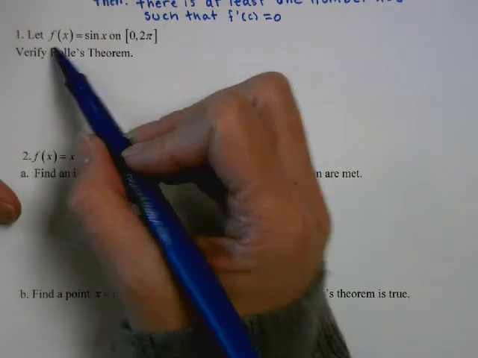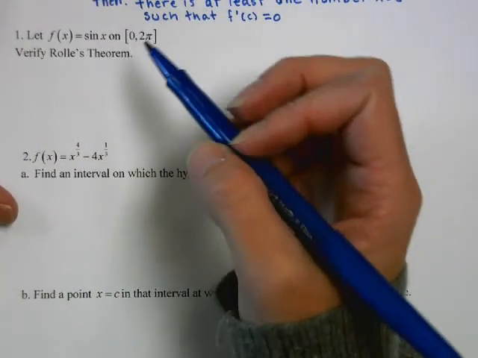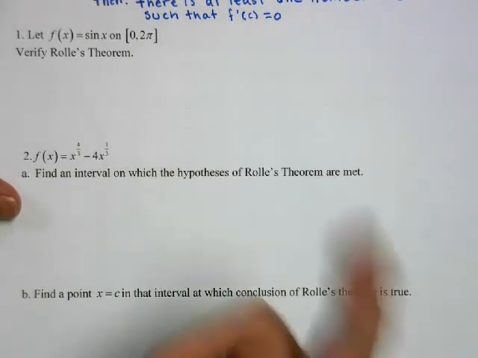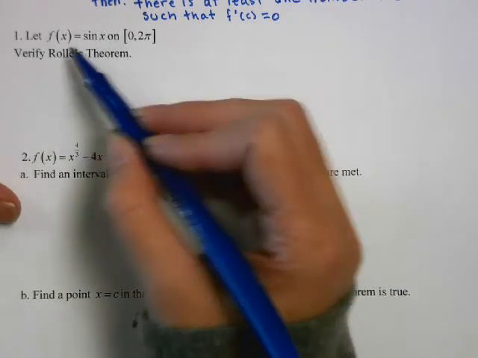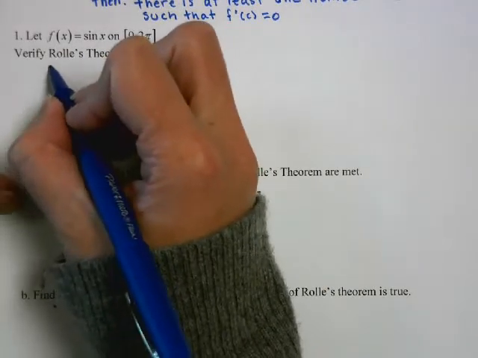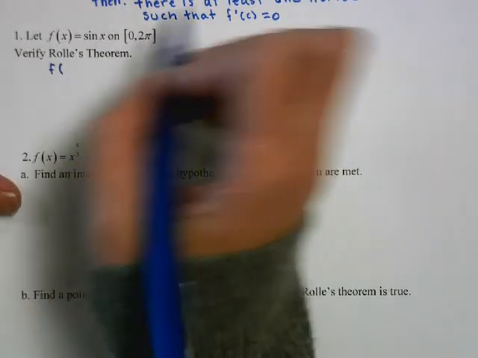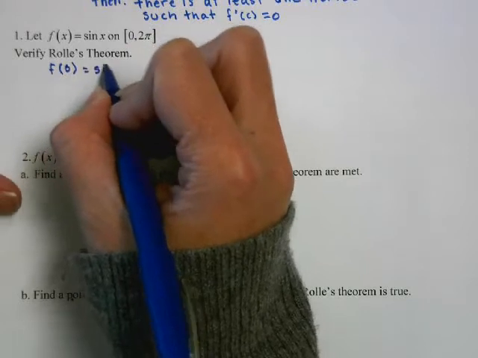Our first example, let f of x equals sine of x on the interval 0 to 2 pi. You do have to confirm that it is both differentiable on the open interval and continuous on the closed interval, and sine of x is both of those. So we're going to evaluate the function at the endpoints. Evaluate at 0.